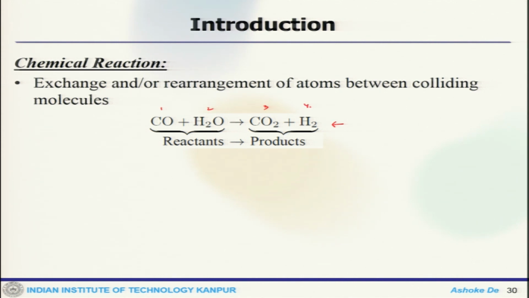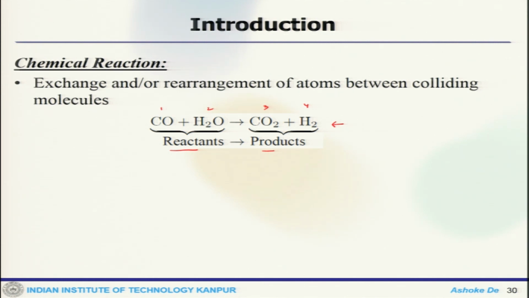Four species are involved here, and one side you call reactants and the other side products. Here CO and H2 are reactants, they react with each other, and finally you get the products CO2 and H2.